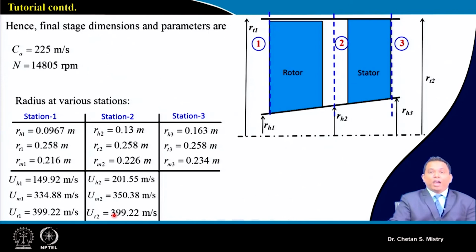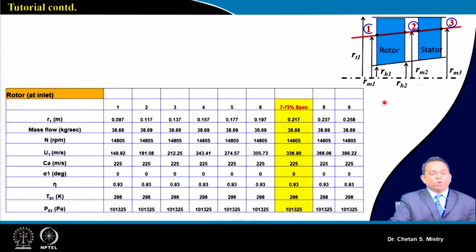I'm sure this gives us an idea of how we do our calculation at the entry, how we do our calculation at the exit, and how we do our calculation at the mid station. We need to assume a certain approach for the design. Now, once this is known to us, what we need is my entry location.